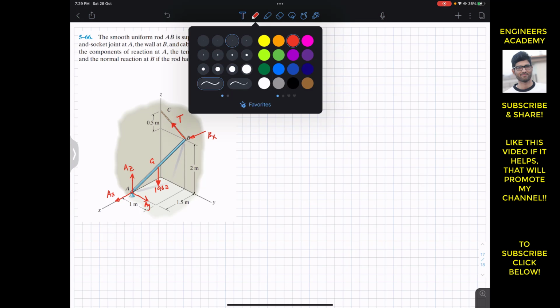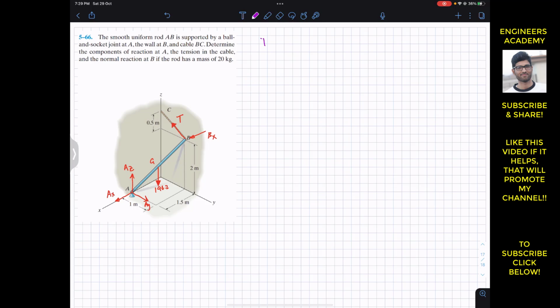The T vector is equal to T magnitude times the unit vector from B to C, which is the position vector from B to C divided by its magnitude. The position vector from B to C can be determined if we travel from B along x, y, and z to reach point C.